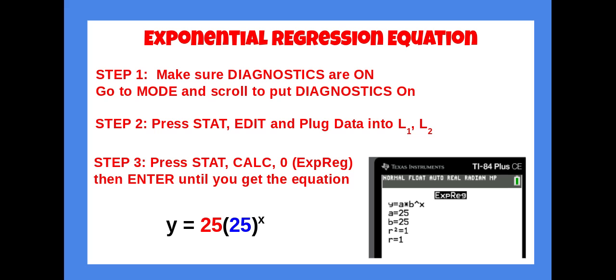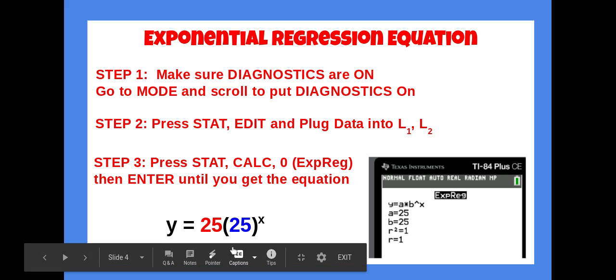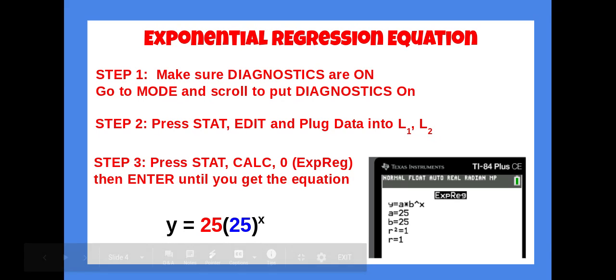StatCalc 4 was our linear regression equation, which we did before, but yesterday we learned a new one, StatCalc 0, our exponential regression equation. Just remember, when you're plugging it into an exponential regression equation, it looks something like this. Many mistakes were made yesterday where you put x's and plus signs. I actually wrote linear regression equations as opposed to exponential ones. So be careful that you hone in on that today.